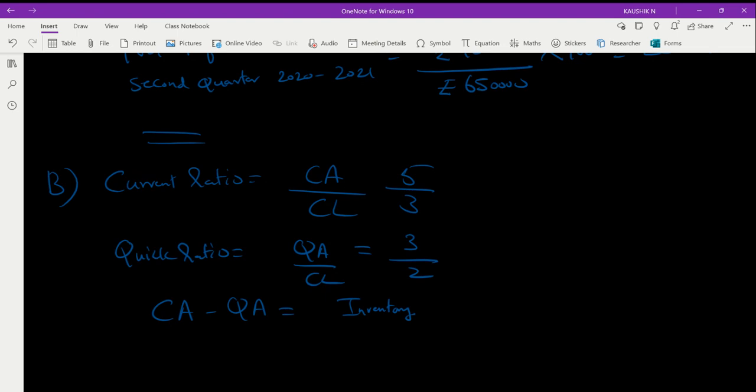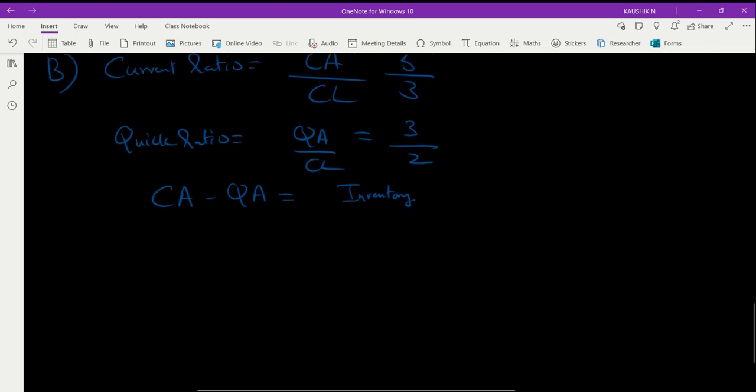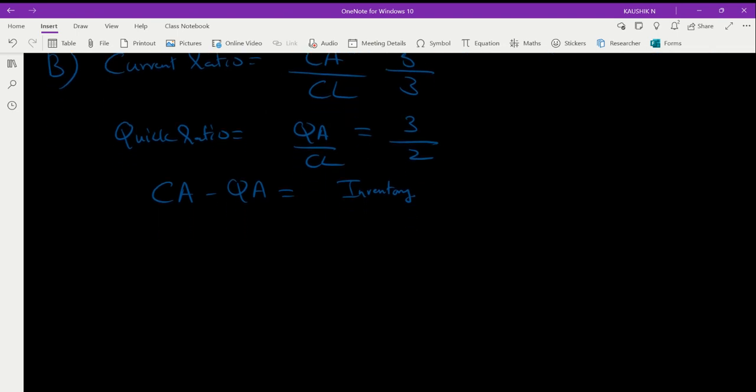Do you agree? Because current asset includes inventory, whereas quick assets does not include inventory. From the total of current asset, if you subtract the value of your quick assets, that gives inventory. So this is how I'm going to perform it.